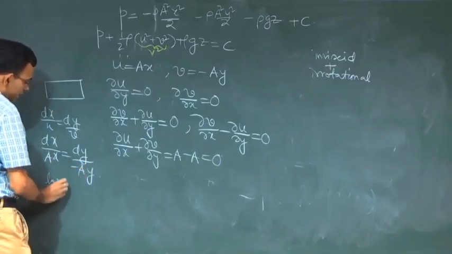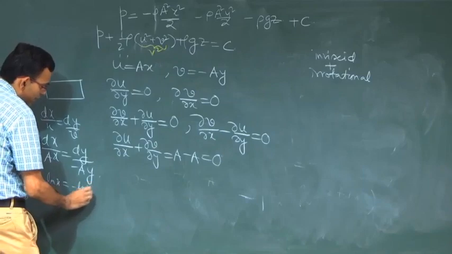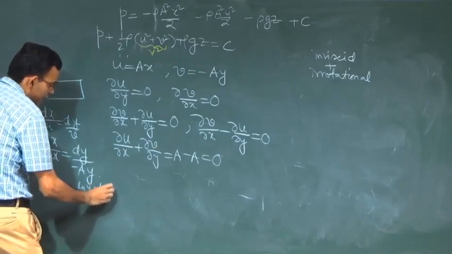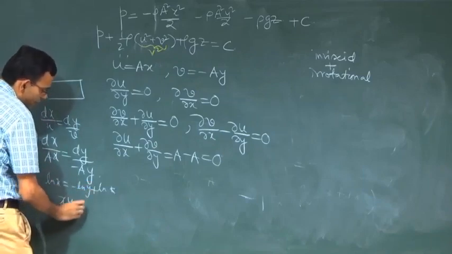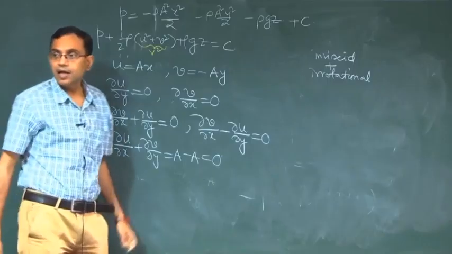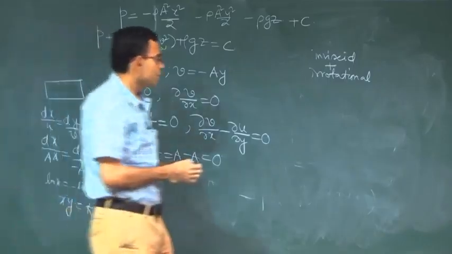So ln x is equal to minus ln y plus some ln k. So that means xy is equal to k, which is a rectangular hyperbola.